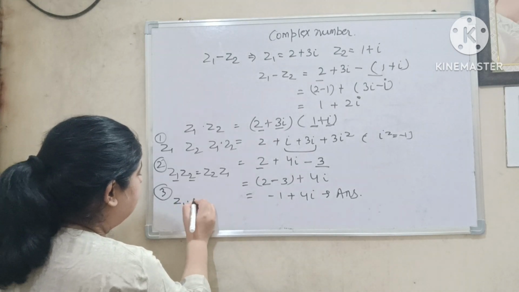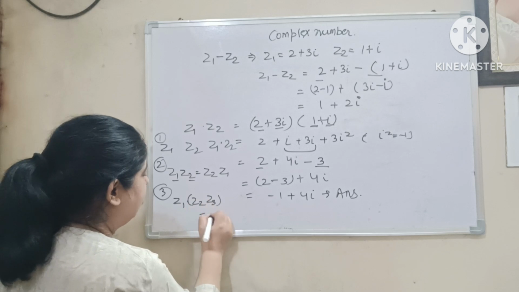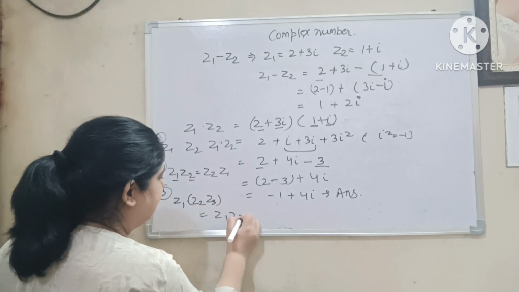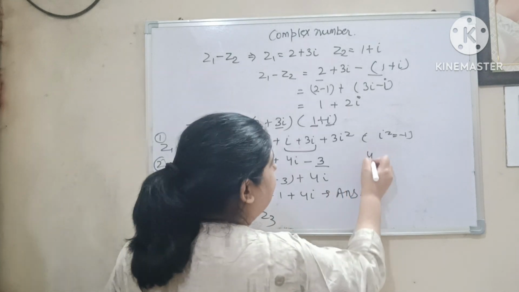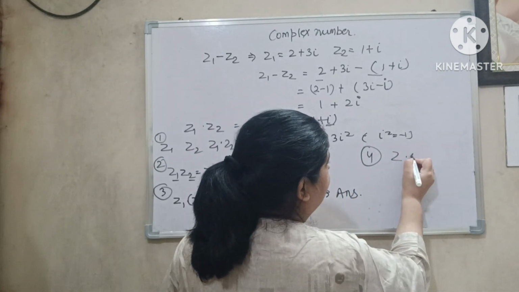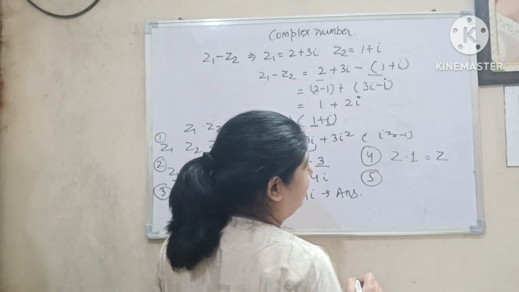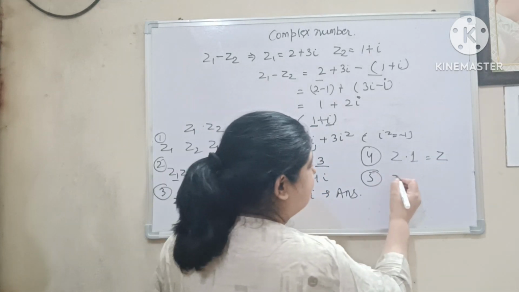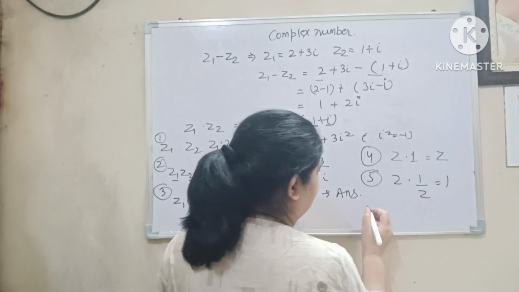Z1 dot Z2 into Z3 will be equal to Z1 into Z2 Z3. Fourth is your multiplicative identity, that is Z dot 1 will be equal to Z. Fifth is your multiplicative inverse, that is Z multiplied by 1 by Z will be equal to 1.